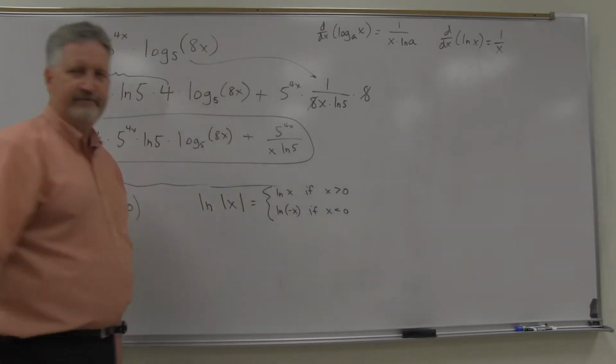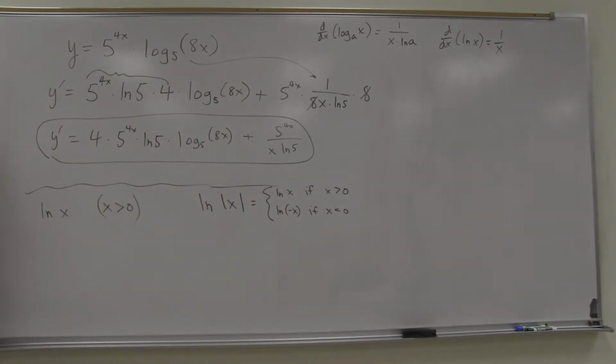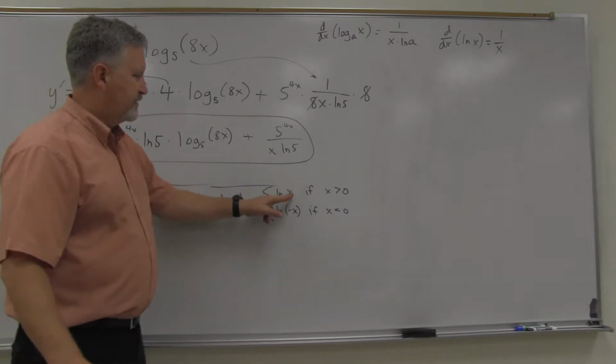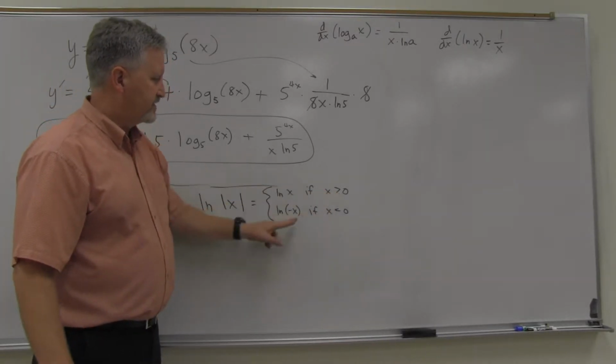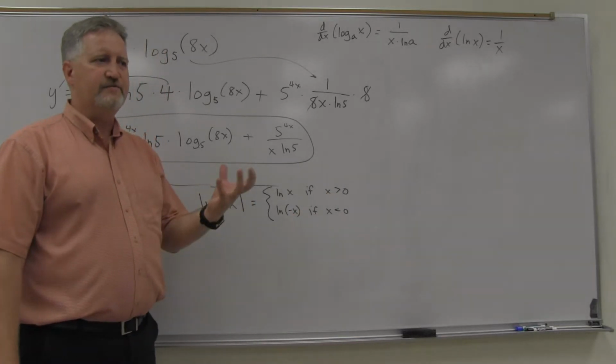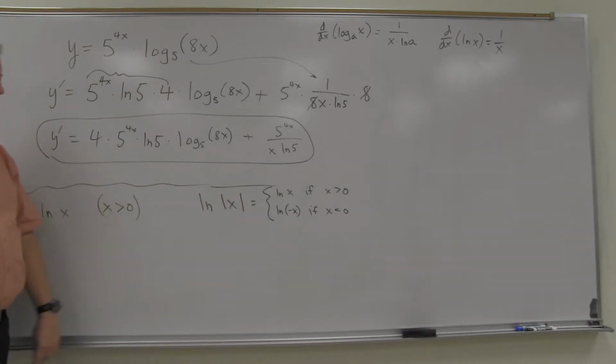It can't equal 0, so just forget that. So it's just less than 0. Remember, we just substituted: x if x is greater than 0, minus x if it's less than 0. That's how we did it on the piecewise.